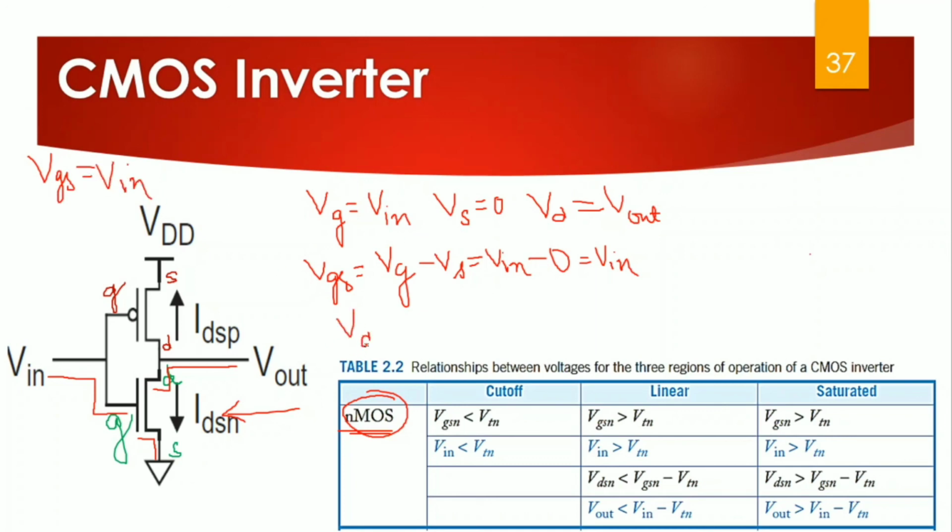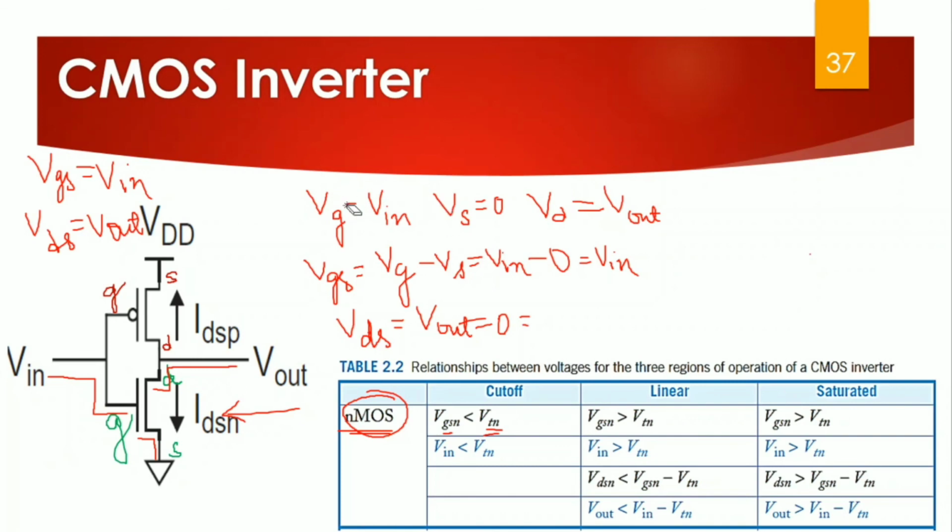Similarly, VDS is equal to VD minus VS, which is Vout minus 0, equal to Vout. Therefore, VDS is equal to Vout. VT is the threshold voltage, and N represents the NMOS transistor.